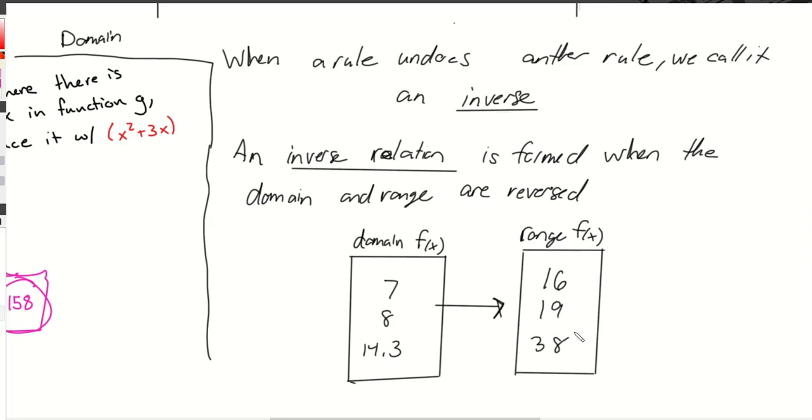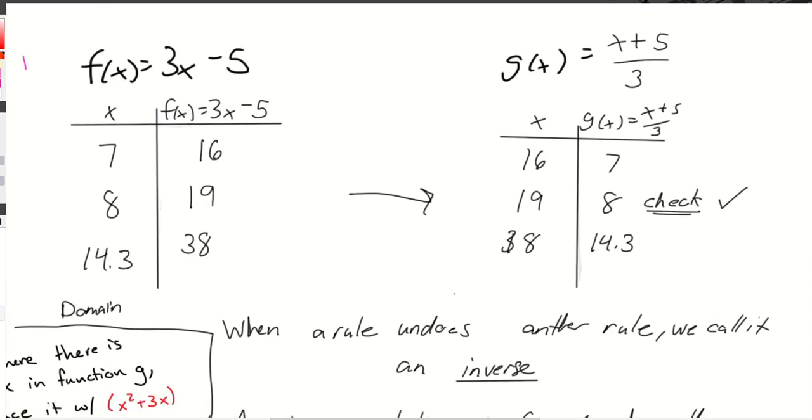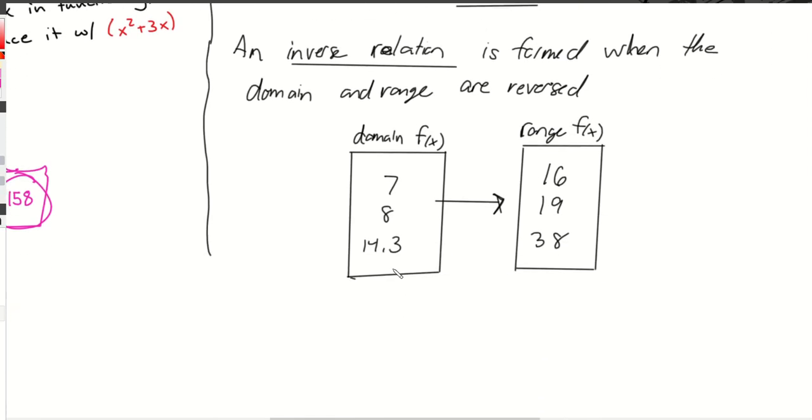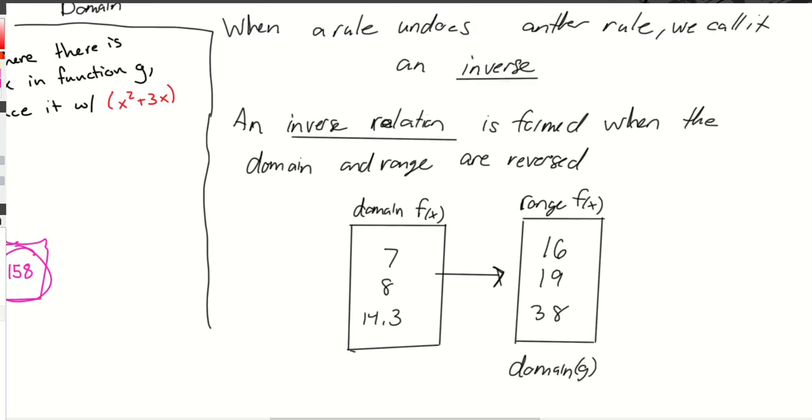Yep, and 38. Now, when I did my inverse, that table flipped, right? It reversed. So my domain of g of x is our range of f of x. And our range of g of x was our domain of f of x. All we did was reverse the tables, which we can do because it's an inverse relation.